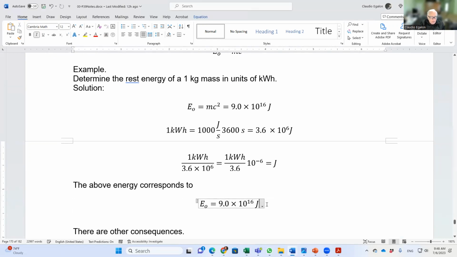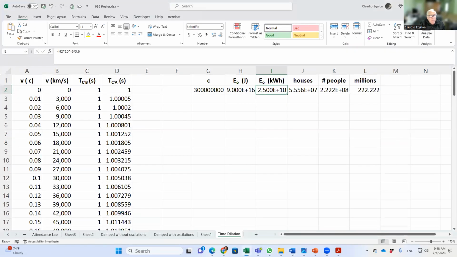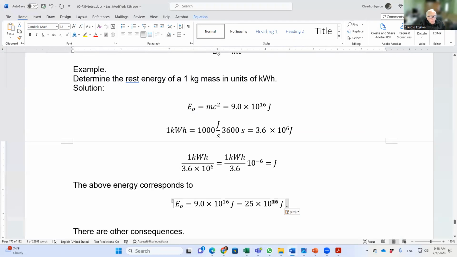Nine times 10 to the 16 joules corresponds to 25 billion kilowatt hours, not a trillion, right? A thousand, a million, a billion, 25 billion kilowatt hours.